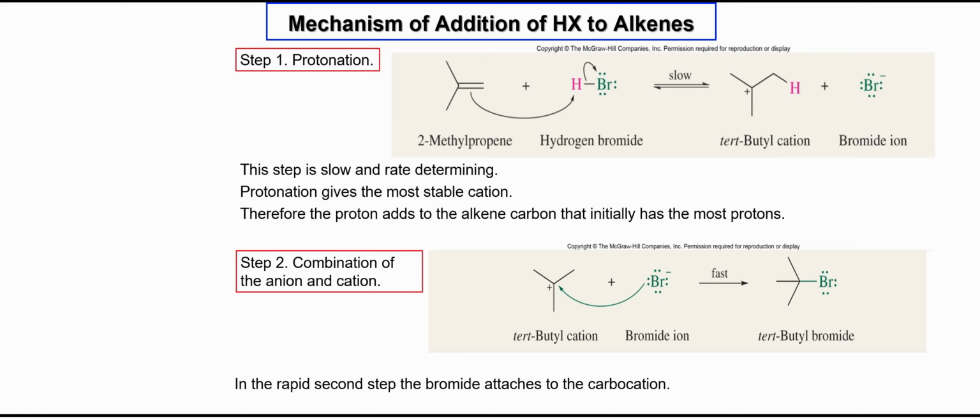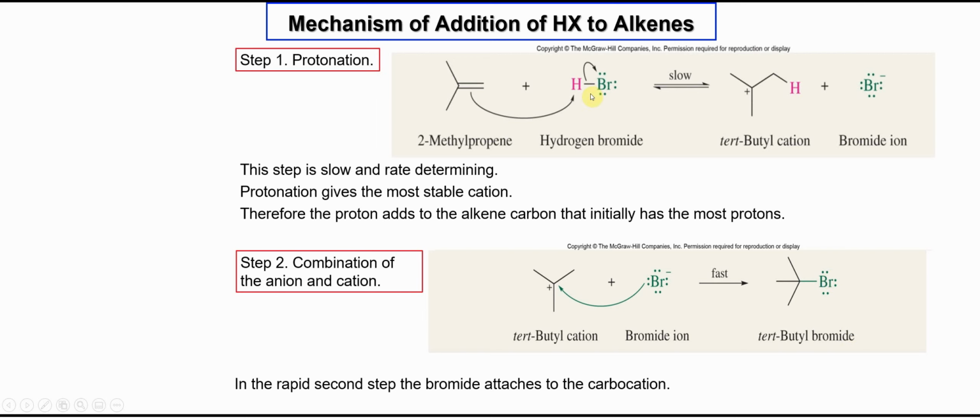Therefore, you produce a tertiary carbocation and a negatively charged bromide ion. Through electrostatic attraction, the positive and negative ions are going to attract each other, so you combine the cation and anion. The positively charged carbocation and negatively charged bromide combine, and you form tert-butyl bromide. So this is what is happening.